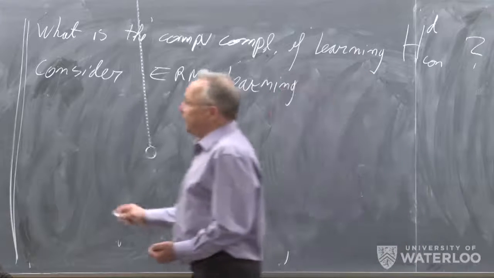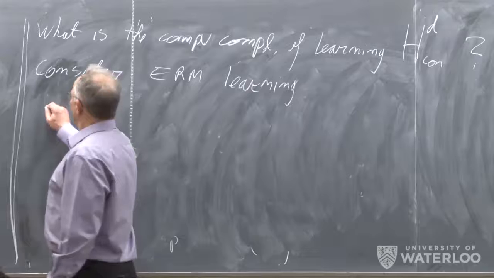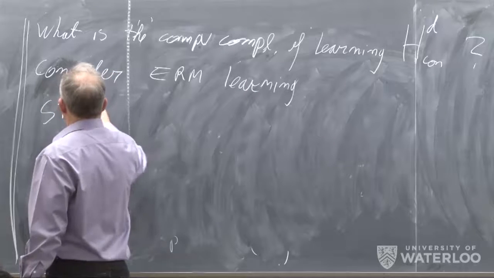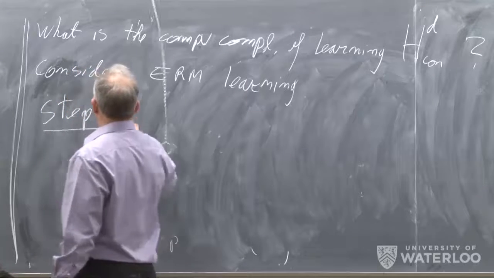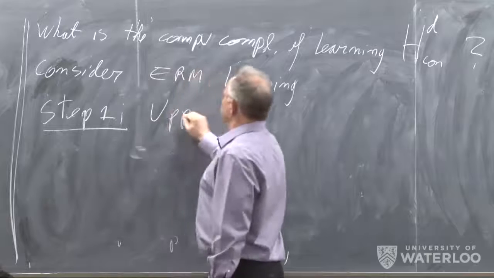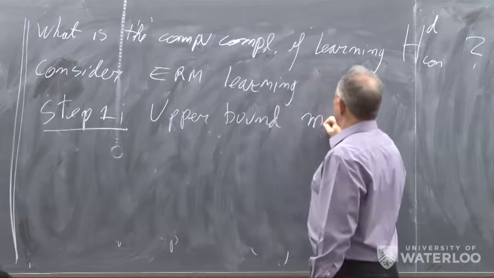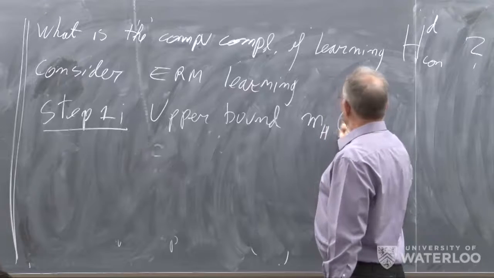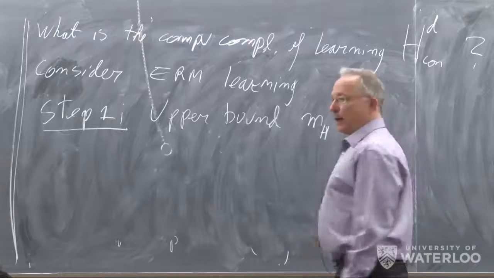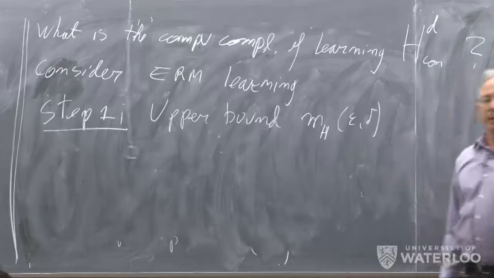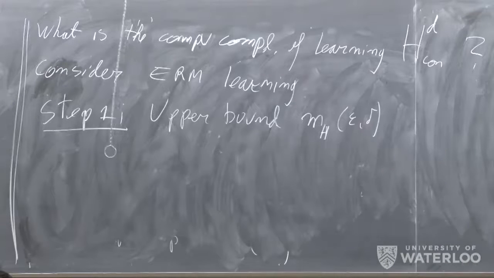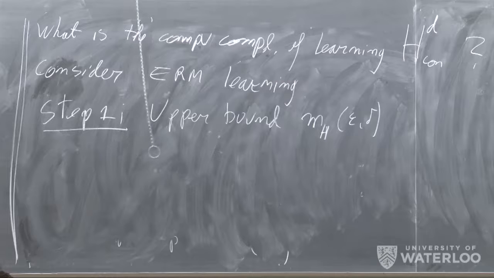So the first step is to estimate an upper bound on m_H for my class of epsilon delta. How many examples do I need in order to guarantee that ERM gives me epsilon delta learnability?